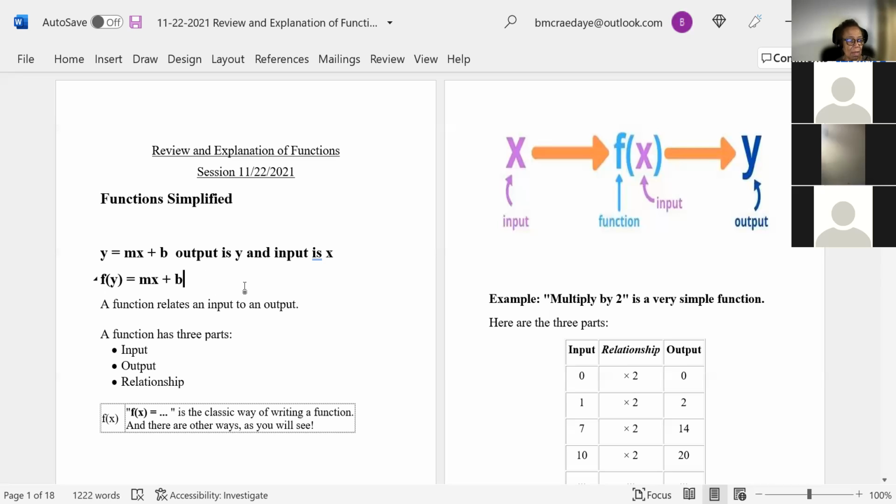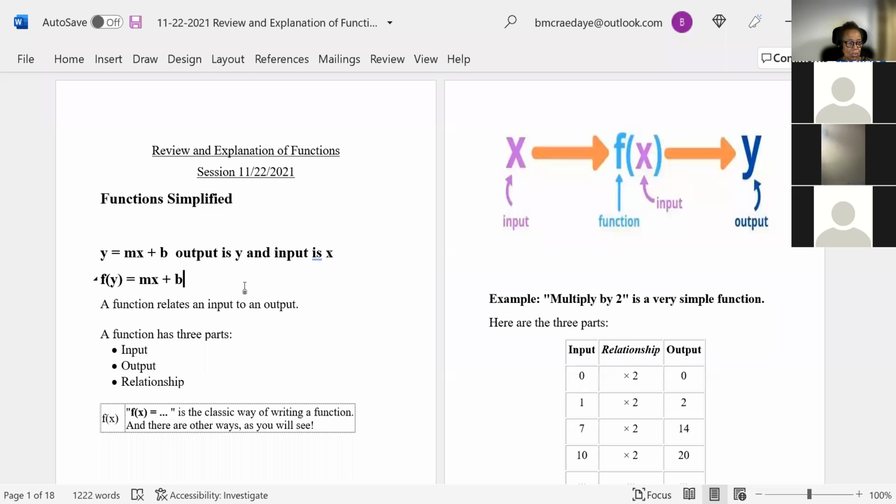It's just a function notation, and it doesn't have to be an f. It could be a g, it could be a b, it could be a t. But normally we use f, the function of a variable, which is related to the independent variable.